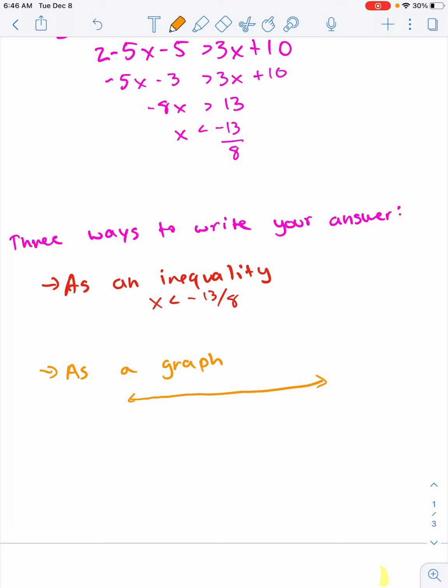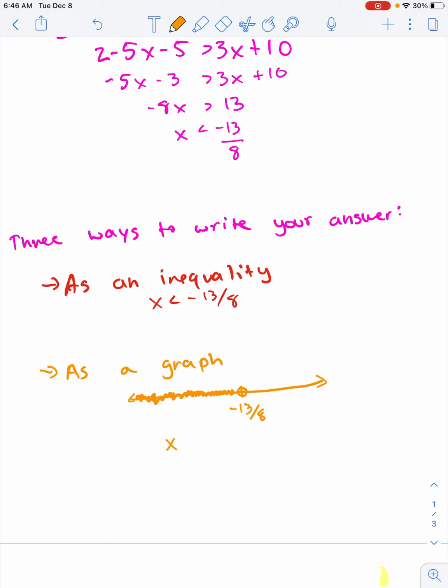We're only looking at that x-axis basically. And you plot your point, -13/8. And then basically now, in this example, we know that x is less than -13/8. So it can't be -13/8. So we put an open circle there, and then shade to the left, because it could be any of these numbers to the left, all the way to -infinity.